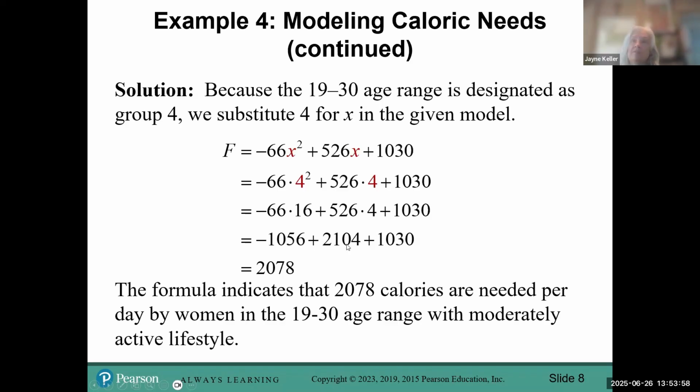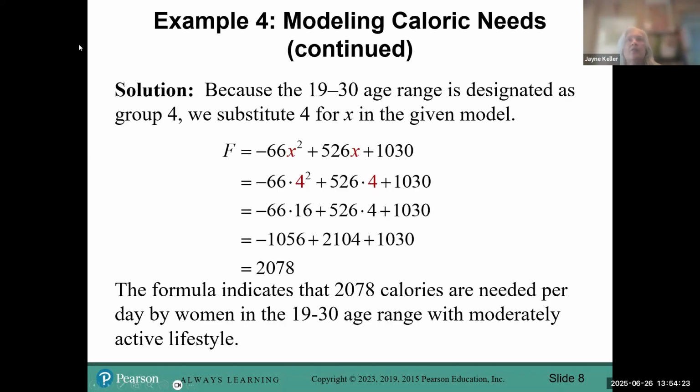And then since this is bigger, I'm going to keep the sign on this one. And when I add all of these up, I get 2078. So that indicates that a female in the 19 to 30 age group would require 2078 calories.